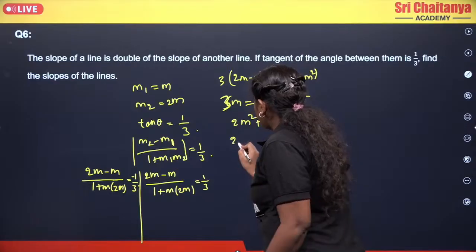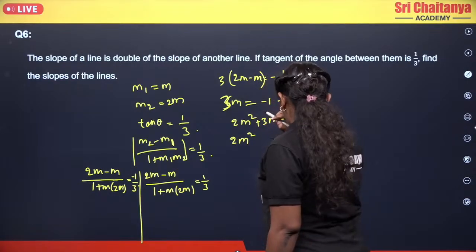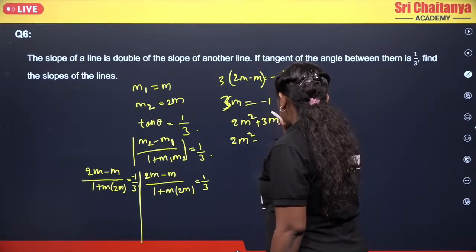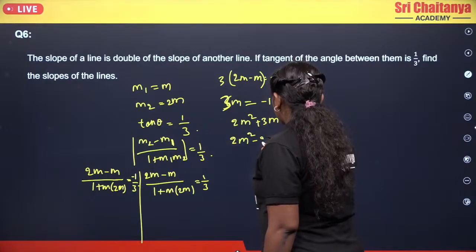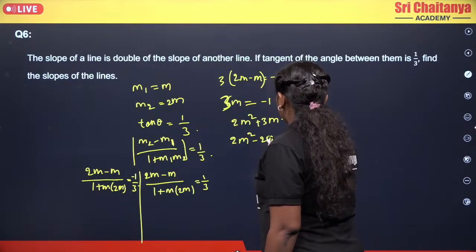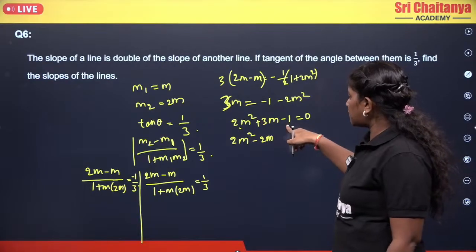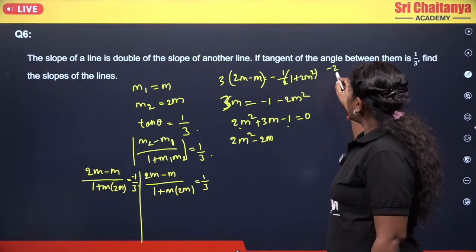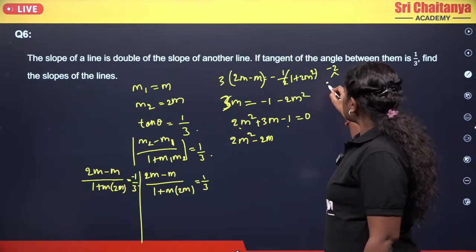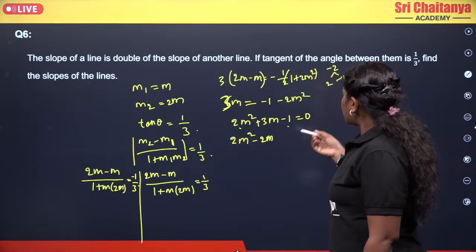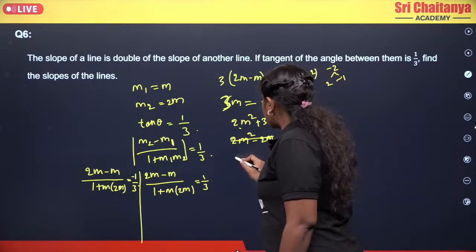Now we need to find the factors, which is 2 into 1, nothing but 2. Otherwise you can directly apply the quadratic formula.